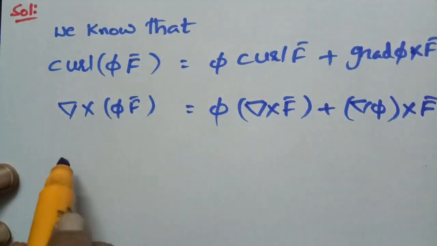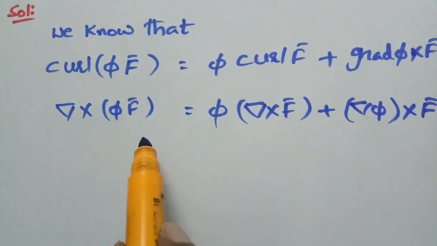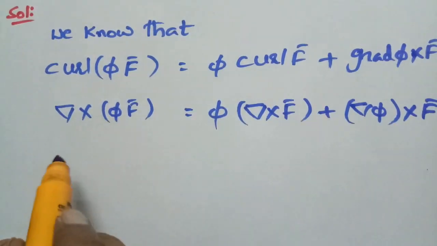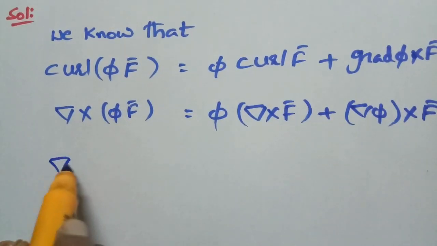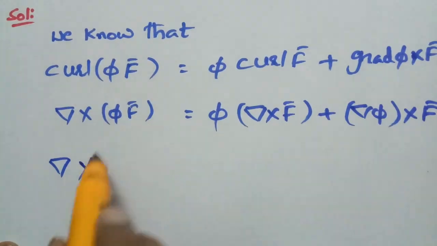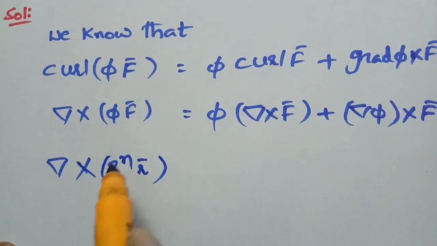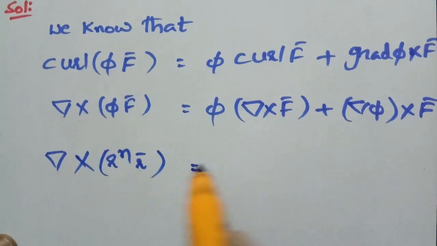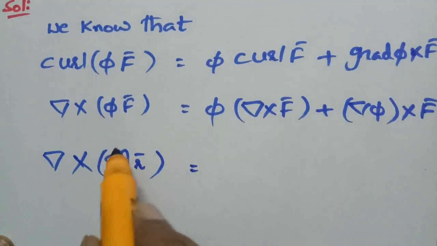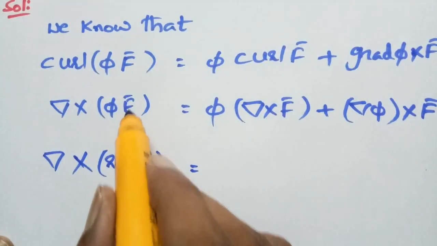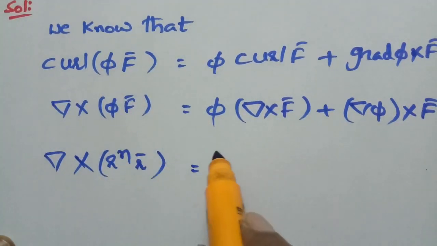Therefore, here phi is equal to r power n and f bar is equal to r bar. Now we are writing del cross r power n into r bar. In the place of phi, here r power n, in the place of f bar, here r bar.